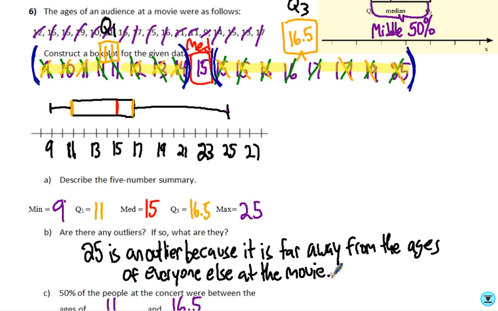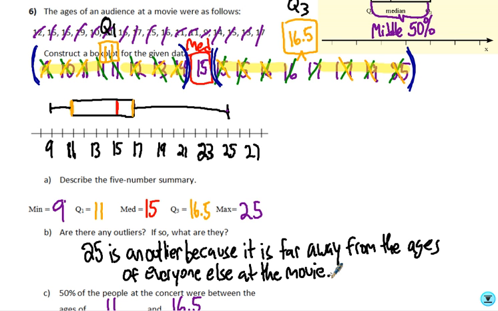Right, because again, we said most everybody at the movie here is a teenager, 9, 10, 11-year-old, and then we got this 25-year-old, right? So their age doesn't really fit with the group. That doesn't mean it's anything bad. Maybe it's mom, dad, cousin, brother, whoever, I don't know. But the point is that within the data set, that number falls outside of the range of where most of the other numbers are.